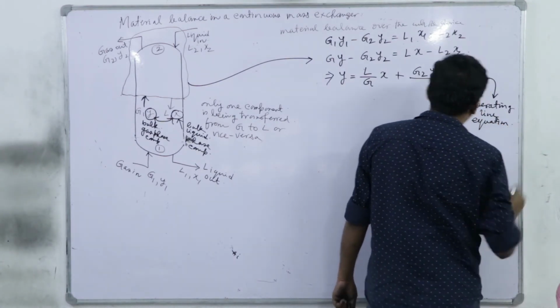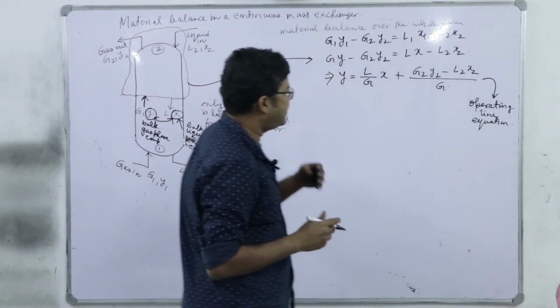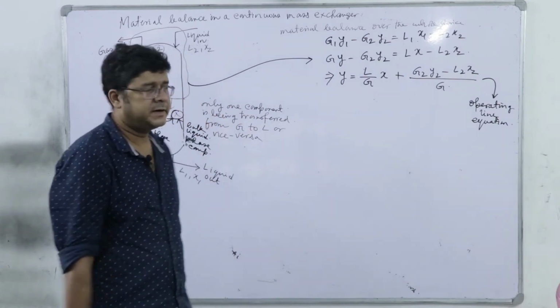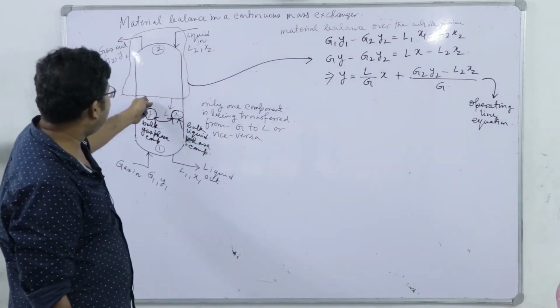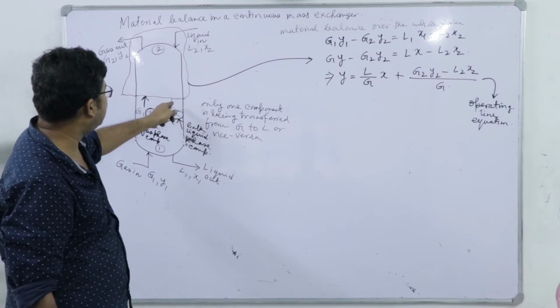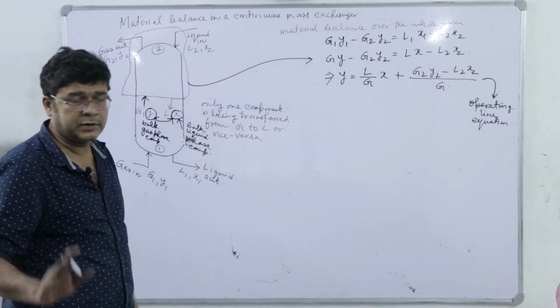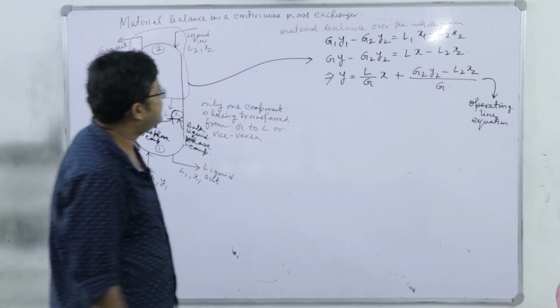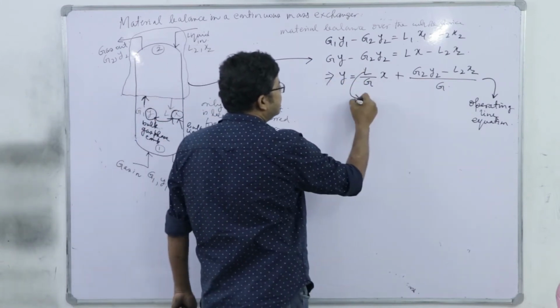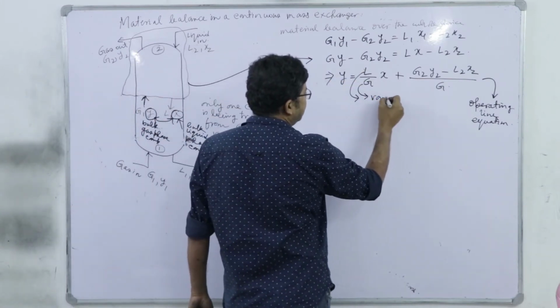However, you have to understand that as there is a continuous transfer of A from this side to this side or from this side to this side, we do not know that. So, L and G are variable. Why?